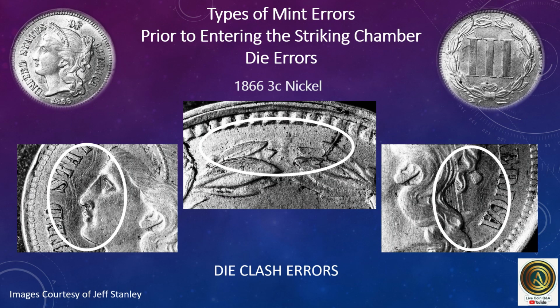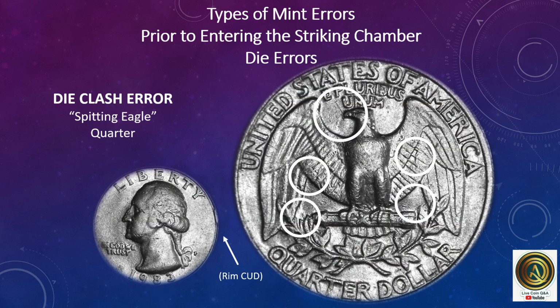Here's another example of a die clash error on an 1866 3-cent nickel. This is a common die clash error known as a spitting eagle on Washington quarters.